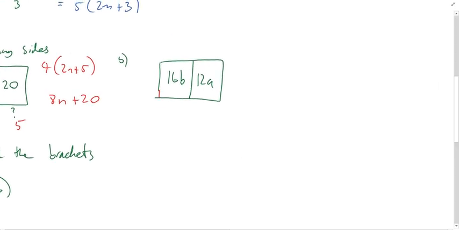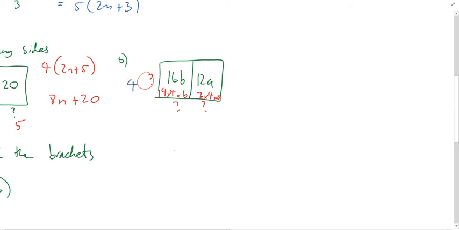Oh, this one's got nothing around the outside. Question mark, question mark, question mark. Right, well, we're looking for something, whatever's going to be over here has to be in both of those. Now I know 16 is the same as 4 times 4 times b, and I know this is 3 times 4 times a. So 4 is in both of those things, so I'm going to take 4 out. So I might say that that is 4.